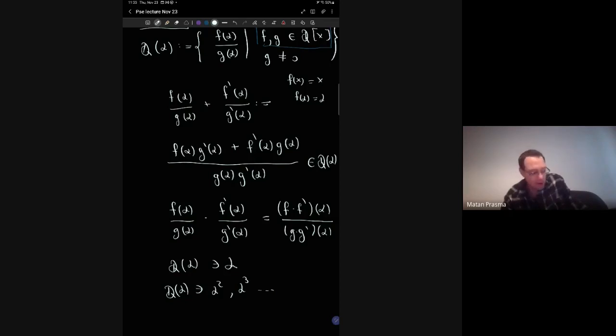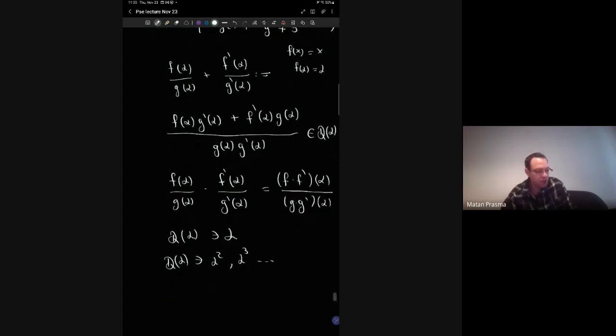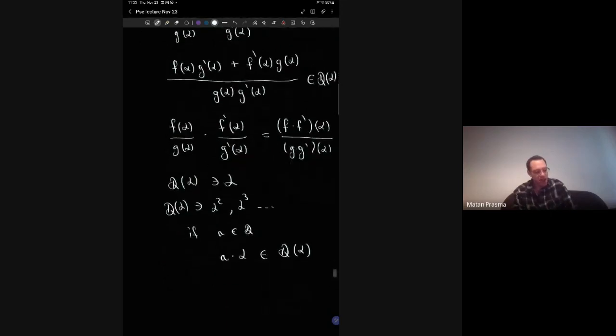Okay? But also, if a is a rational number, then a times alpha must also be in Q of alpha. And similarly, a times alpha squared also.